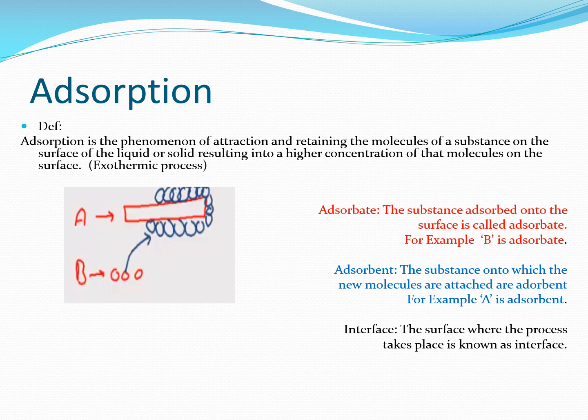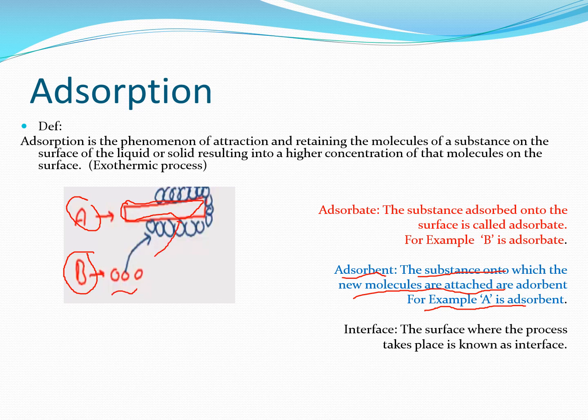If you see, we have this solid A, which is known as the adsorbent. Adsorbent is defined as the substance onto which the new molecules are attached, are adsorbed. For example, A is the adsorbent, which is the basic solid particles, mostly porous particles, and B is the second item, which is adsorbed onto that solid surface.